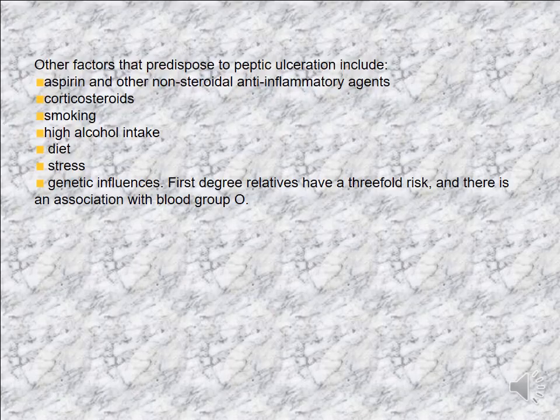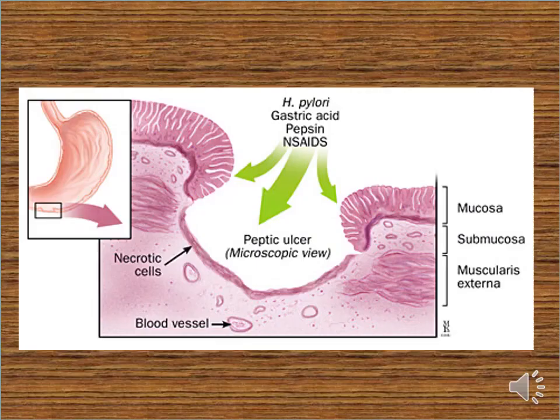We have other predisposing factors that lead to peptic ulcer. The first are aspirin and other non-steroidal anti-inflammatory agents, corticosteroids, smoking, high alcohol intake, diet, stress, and genetic influence. Hereditary relatives have a higher risk, and there is an association with blood group O that has no clear reason but leads to more peptic ulcer.